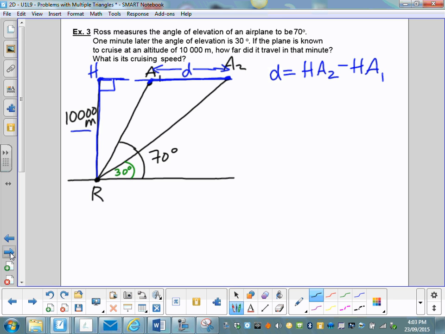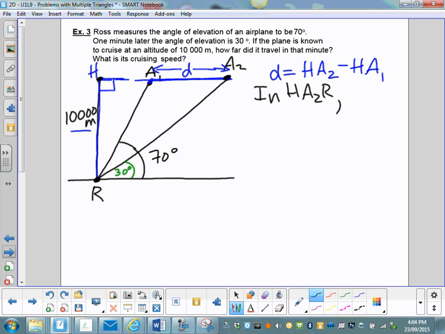So, just like I did last time, I'm going to be working in two different triangles. So in the big triangle, HA2R, that's the big right angle triangle. Here's what we know.